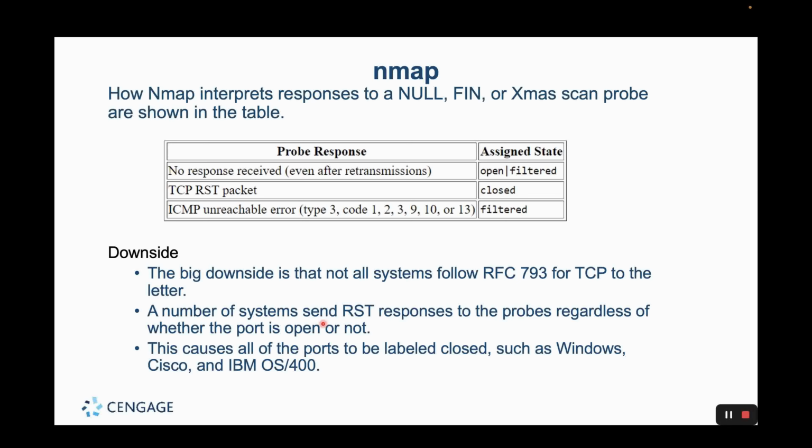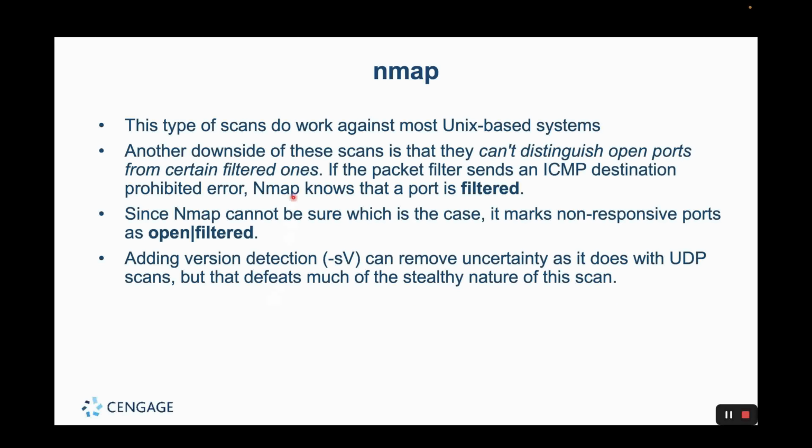A number of systems send a reset response to the probes regardless of whether the port is open or not. This causes all of the ports to be labeled closed, such as Windows, Cisco, or even IBM. Now these types of scans do work against most Unix-based systems.